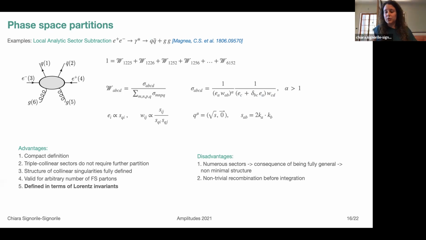The main disadvantage here is that it is not really minimal, in the sense that given the process, with this approach, there are also some sectors that are not really needed, or that can be merged with other sectors. So, for example, in this case, for e plus e minus into q qbar plus 2 gluons, we have 72 sectors. So it's quite a remarkable number of sectors.